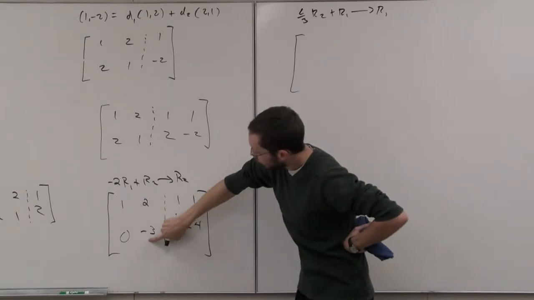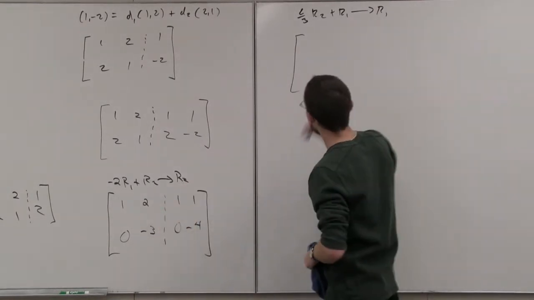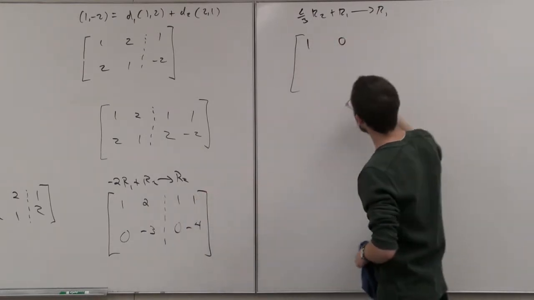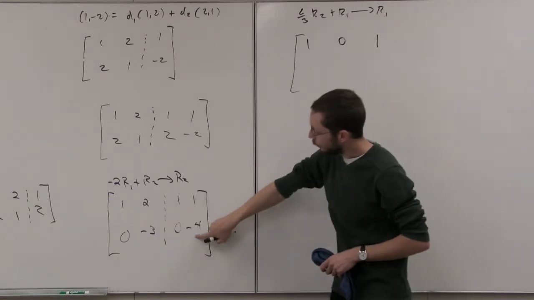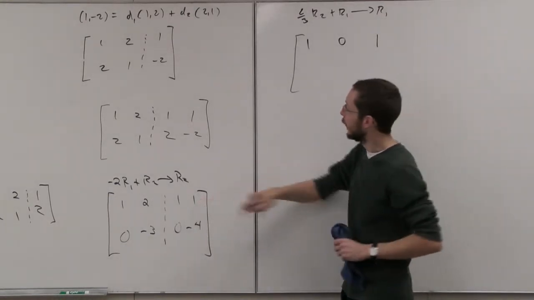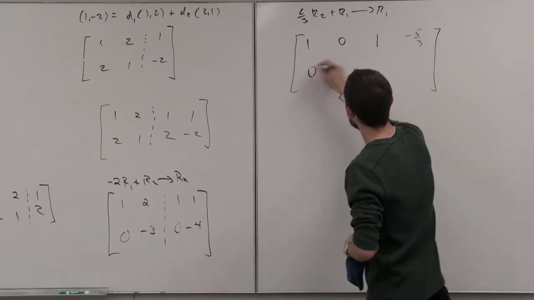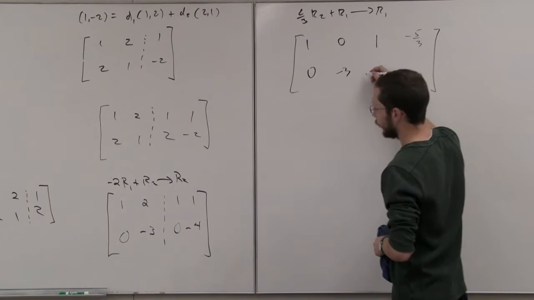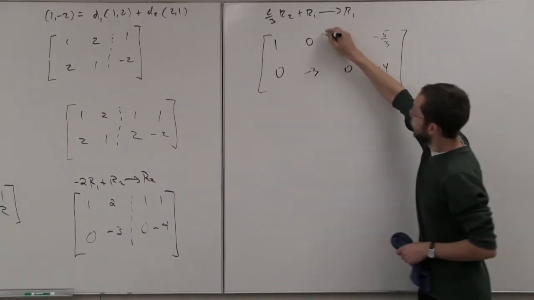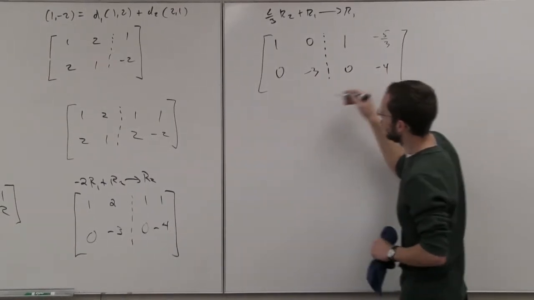So 2/3 of this is negative 2. Add that to this, you'd end up getting 0 here. 2/3 of this plus that is 1. And then 2/3 of this plus that ends up giving you negative 5/3. And we've got 0, negative 3, 0, negative 4. Okay, so we're pretty close. Just divide row 2 by negative 3.